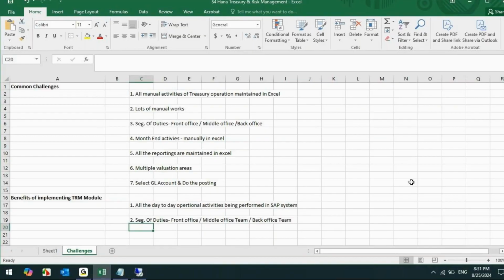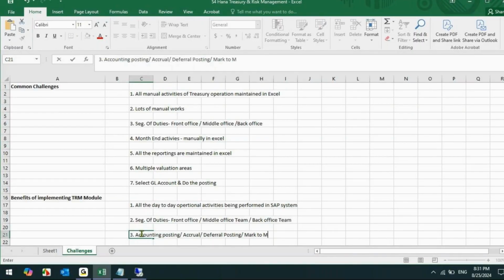Now, all these manual activities get completely stopped, because in Treasury, whether you are talking about the accounting posting, accrual or deferral posting, or mark to market posting, all these things happen automatically.